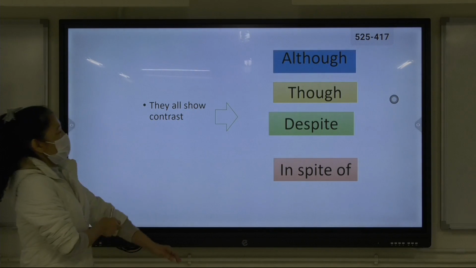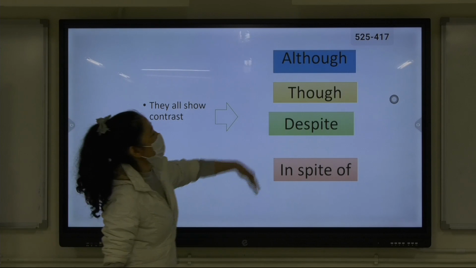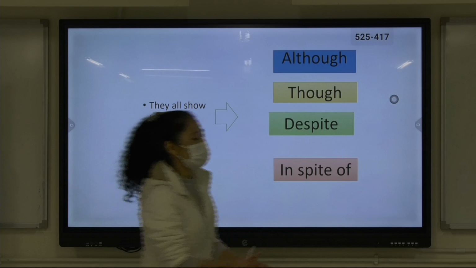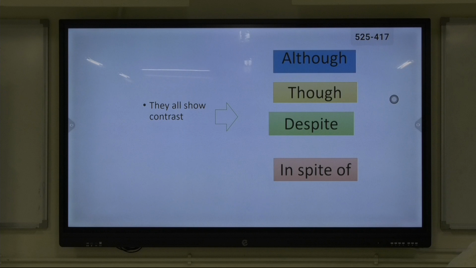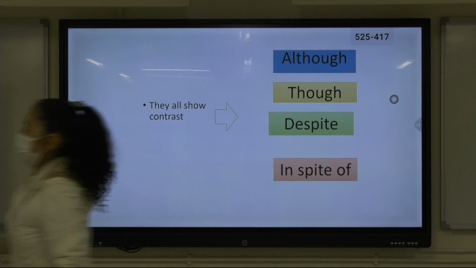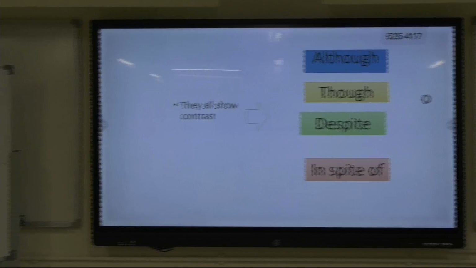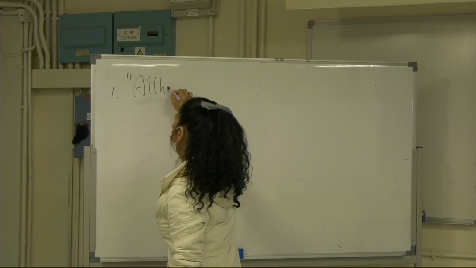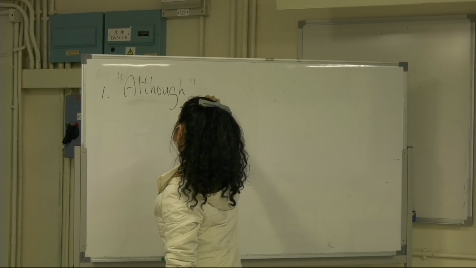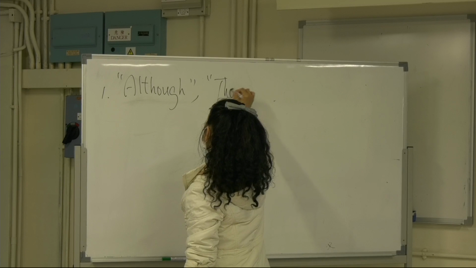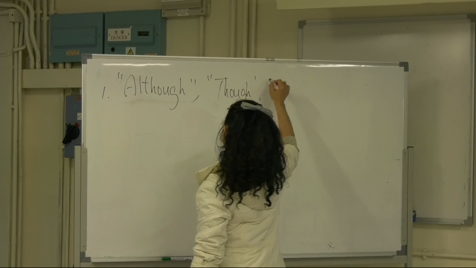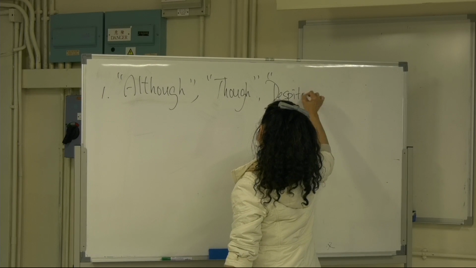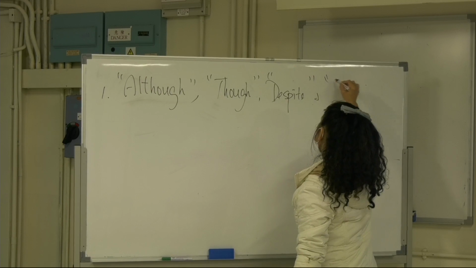So what are these four connectives? Now these four connectives, again, show you contrast. So today, firstly, we learn four connectives: although, though, despite, and in spite of.